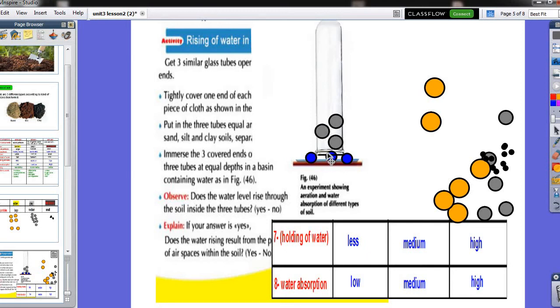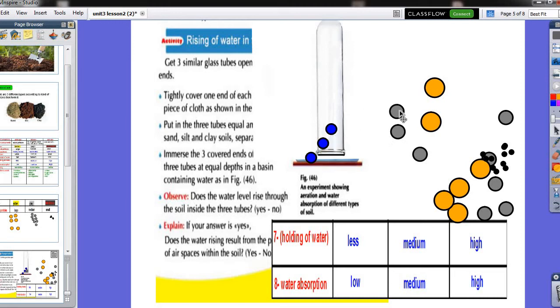So you will observe that the rising of the water molecules is also medium, like we see.